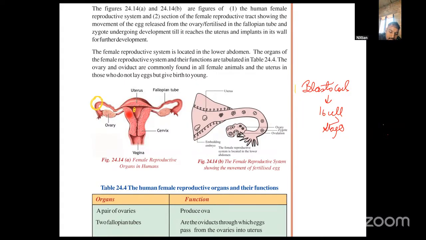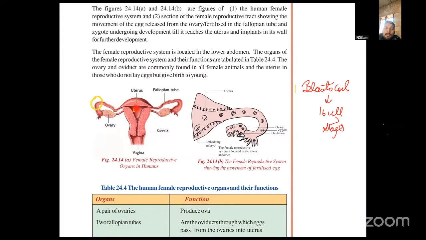Now, if the egg travels till here, it means it is not the 14th day. It is maybe the 20-25th day. On the 20-25th day, the uterine wall will shrink and break. So it can lead to miscarriage also. It means the fertilization happened, but the zygote is not implanted, and it will come out. Not the baby will come out. The blood will come out.